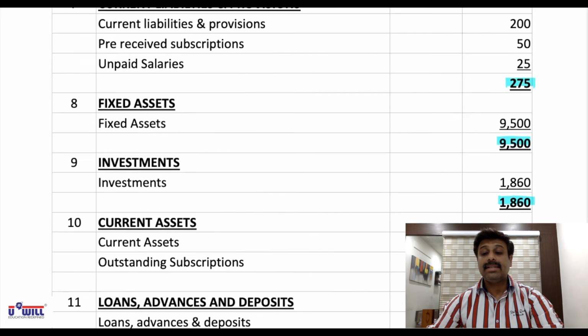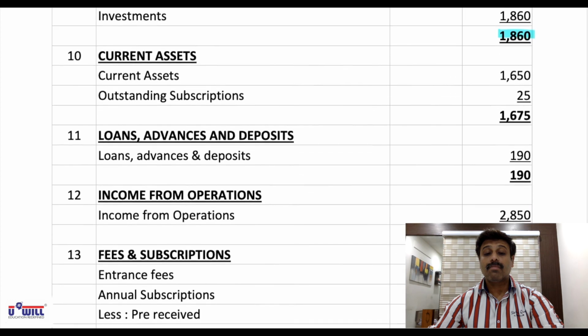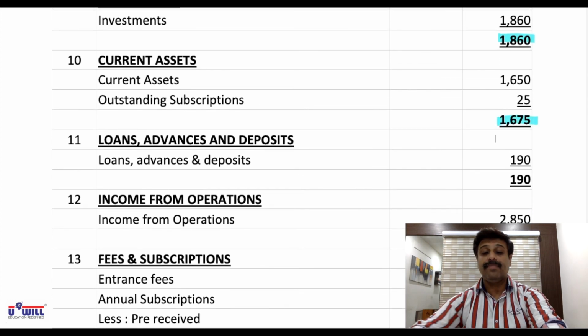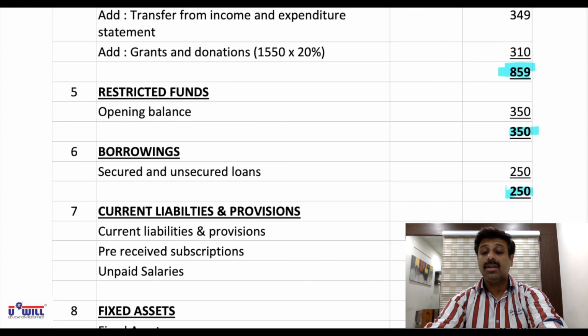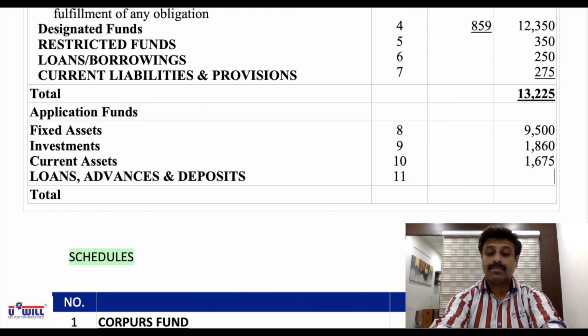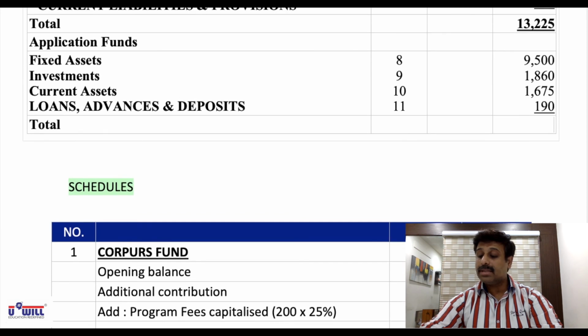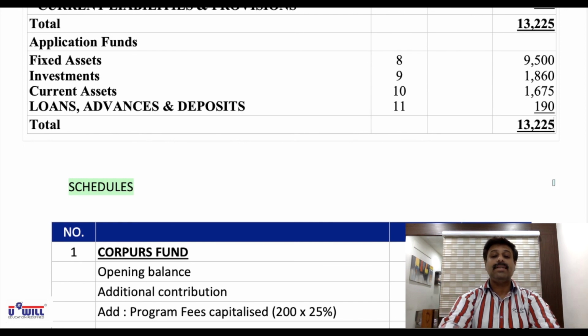Then current assets as per schedule 10, 1675, and loans, advances, deposits 190. So 1675 and 190. Now total can be done: 9500 plus 1860 plus 1675 plus 190, that comes to 13225. So the balance sheet gets tallied.